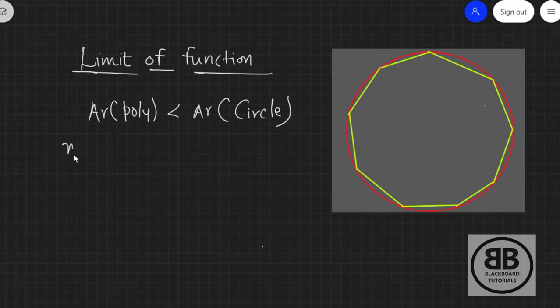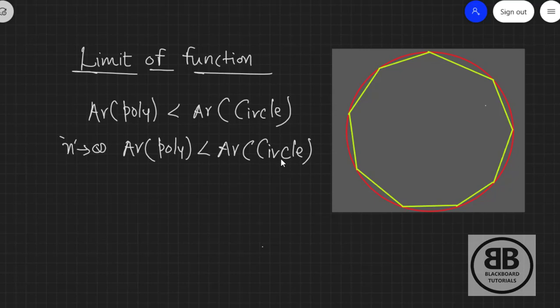Suppose n is the number of sides of the polygon. If we increase the number of sides, suppose n is tending to infinity. Read this as n is tending to infinity, meaning it is going on increasing. If the number of sides is increased, the area of the polygon will still be less than the area of the circle.